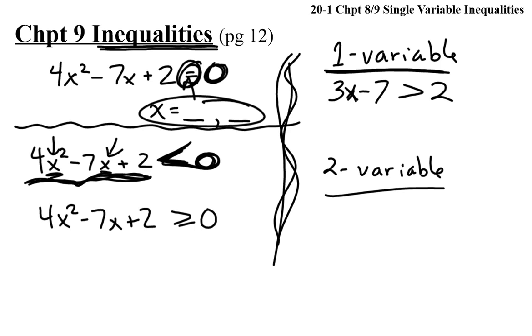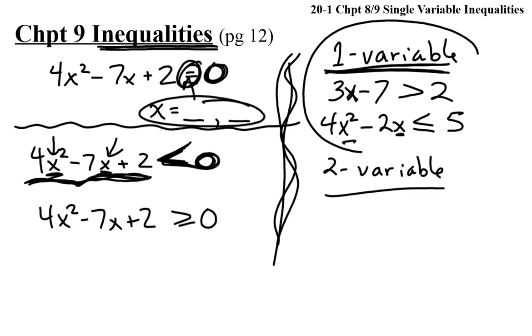Now, it could be a quadratic. 4x squared minus 2x is less than or equal to 5. Okay, but we're still talking about just x. There's no y. So there will be a process for dealing with single variable situations and inequalities.